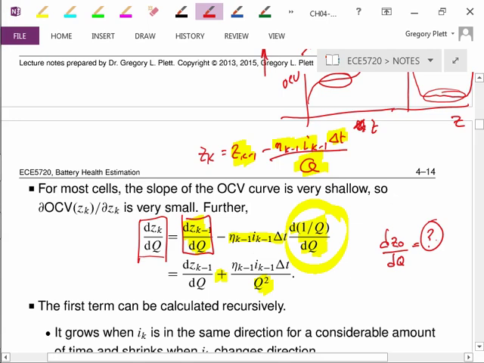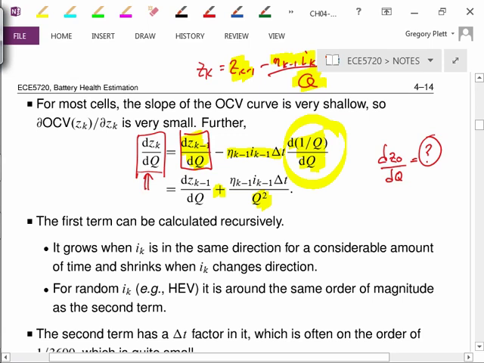And over time we would be able to get these new values here. So this first term that we can compute recursively grows when, you can see that. How does it grow? Well, it grows according to this equation.